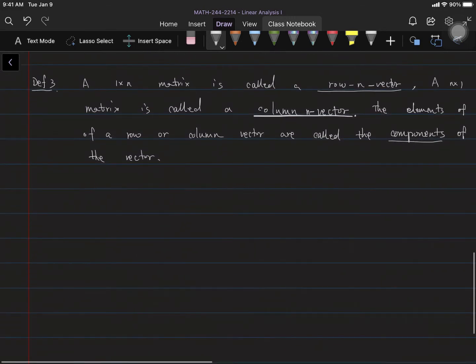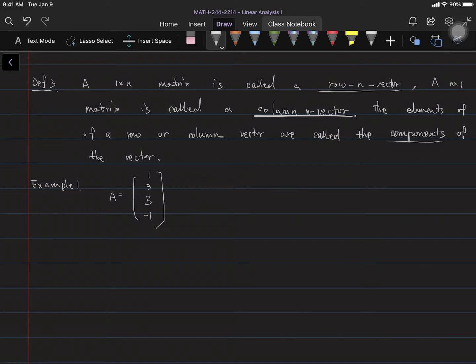Let's take a look at one example. Example 1. Let's take a look at this matrix: 1, 3, 5, -1. Look at the size. What is the size for this matrix? How many rows do we have?